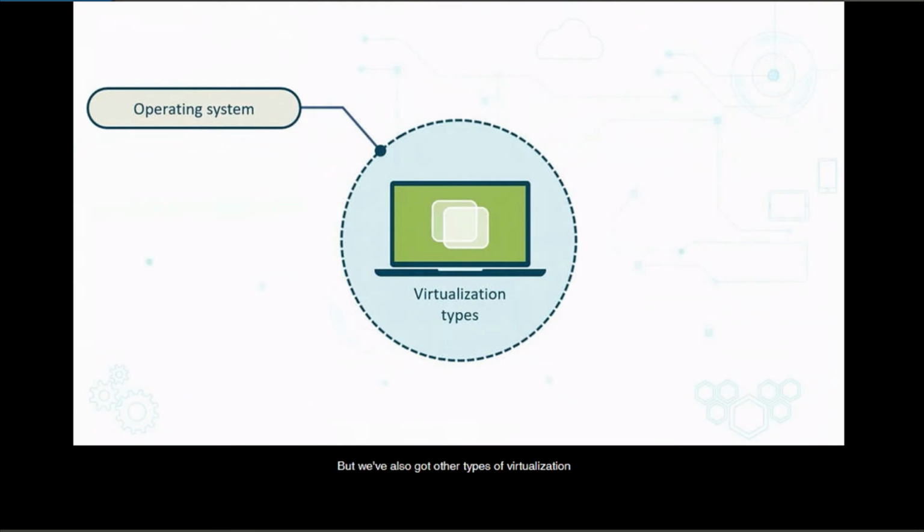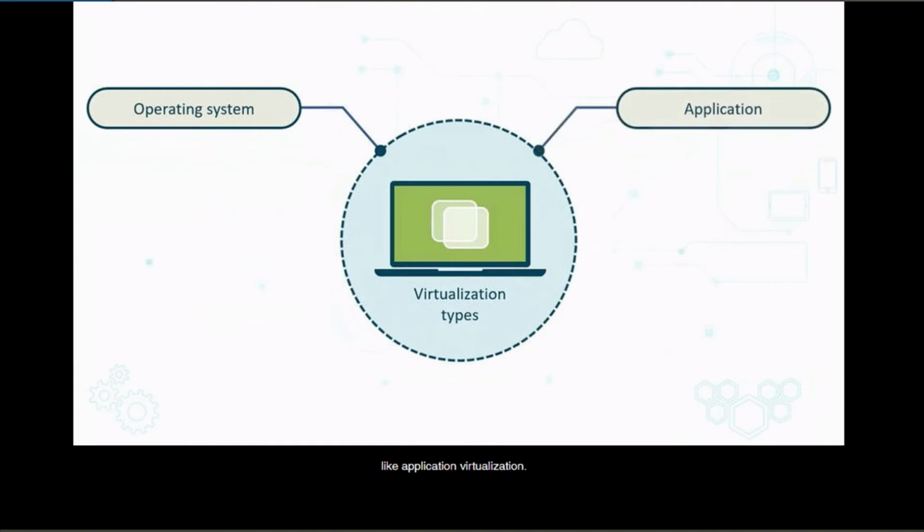But we've also got other types of virtualization, like application virtualization. Application virtualization means that while we can run a specific app on a device, that app is not actually installed on that device. Instead, it's got a virtualized environment where things like, if it's a Windows virtualized app, registry entries and file system files are not written to the real host.